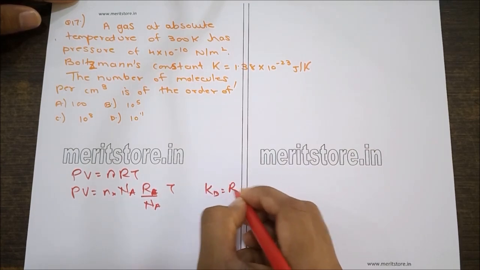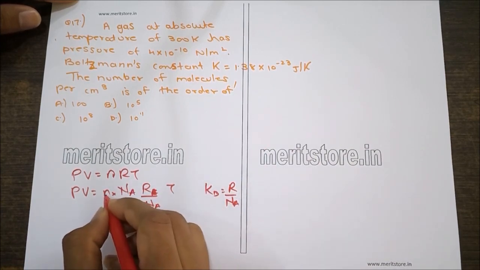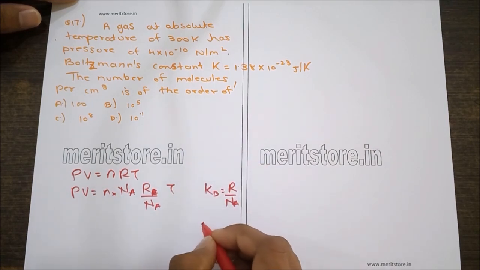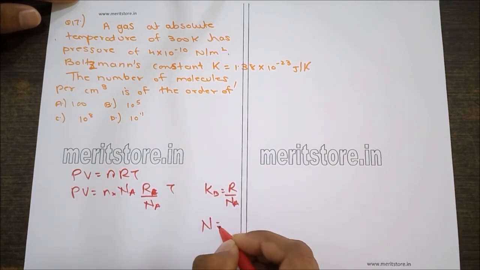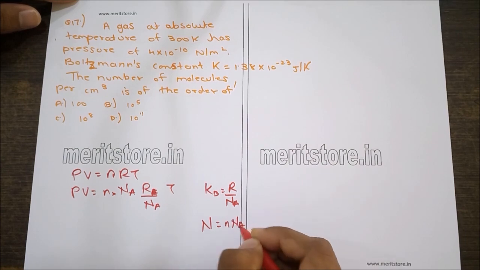The number of moles times Avogadro's number gives the total number of molecules, so total number of molecules N is equal to n times Na.